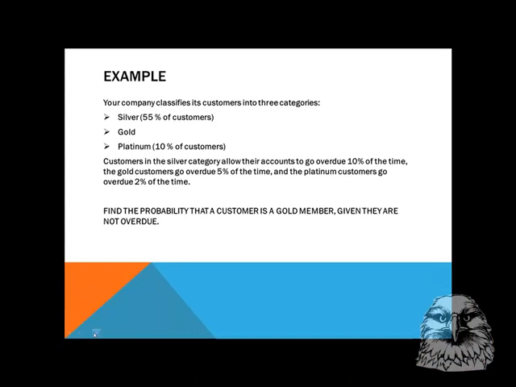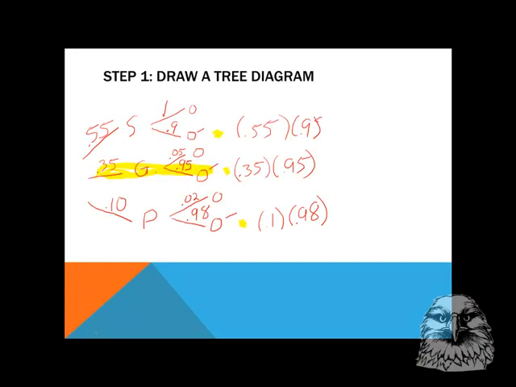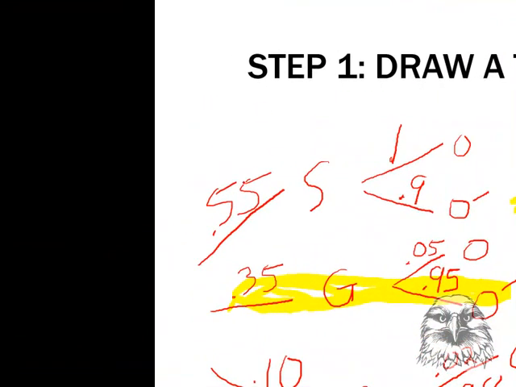Well, if we go to this tree diagram, we can see that the majority of people are silver, and about 90% of those are not overdue. So you would expect this to have the highest percentage, and then this would have the lowest percentage overall.